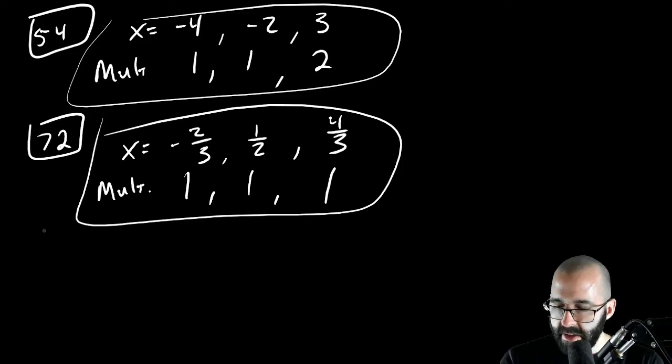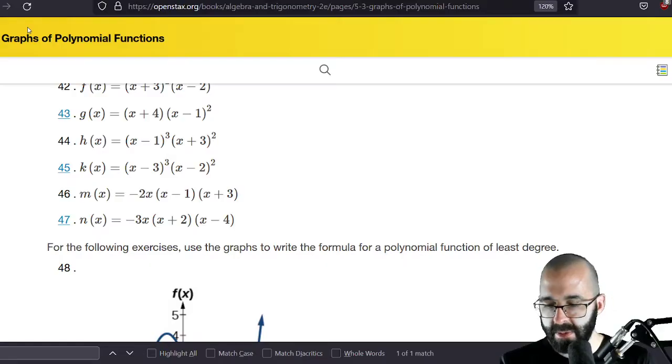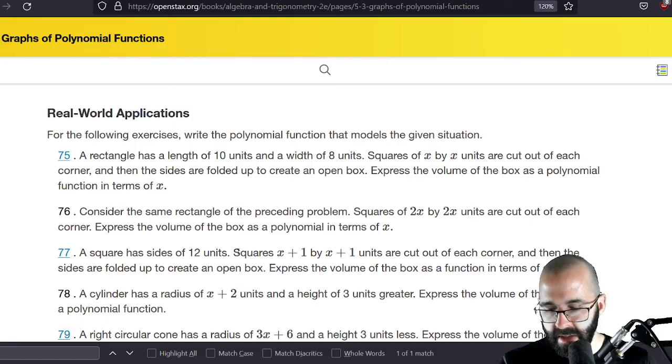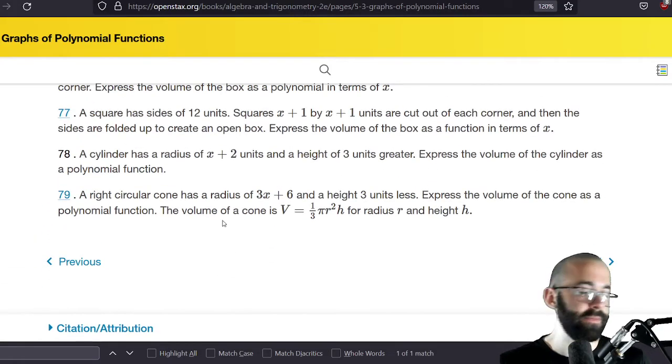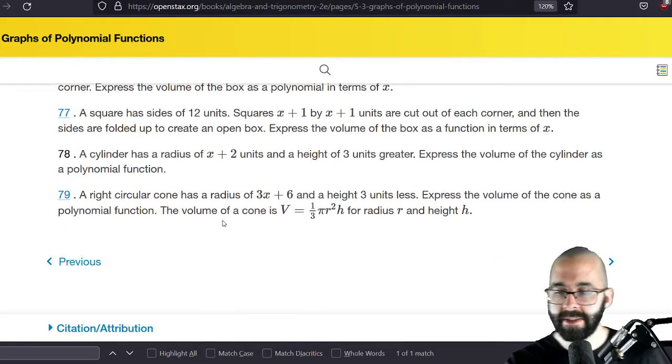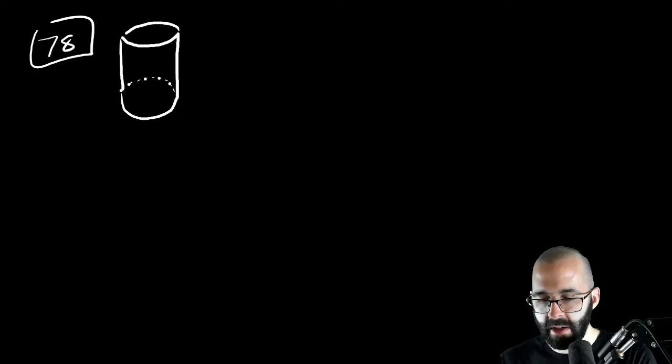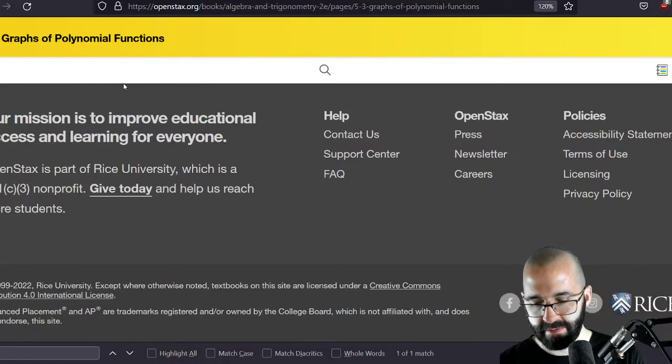Let us do one application problem, and then that'll be it. Number 78. A cylinder has radius. Okay, a cylinder. We're talking about a cylinder. Let's draw the cylinder.